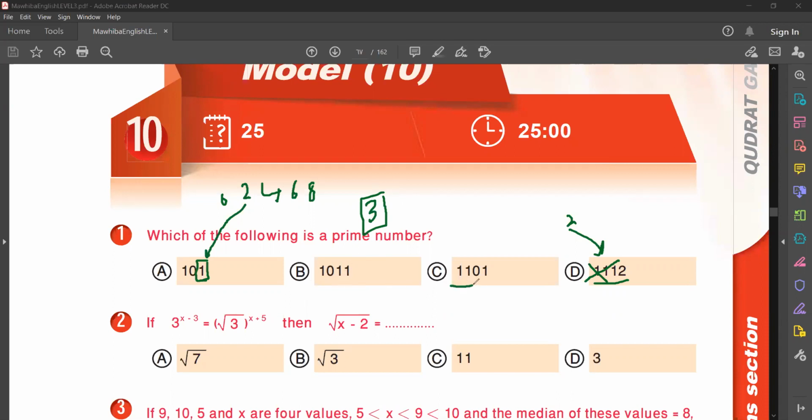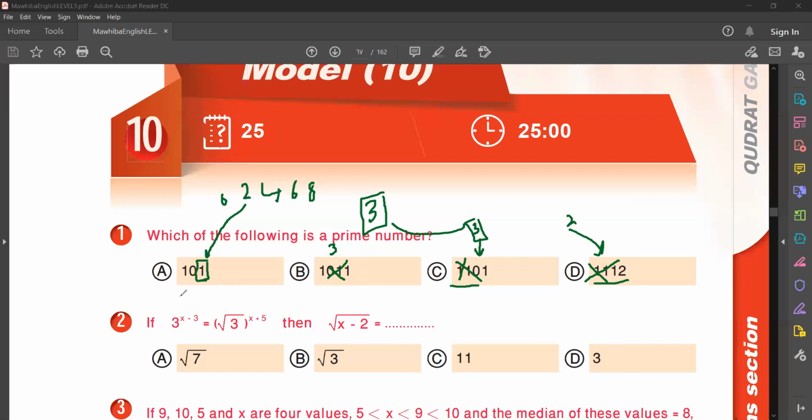So we check number C. When you add the digits, you get 3, and 3 is divisible by 3, so it is not a prime number. What about B? Also, you add the digits 1 plus 1 plus 1, and you get 3. So it is divisible by 3, right? So this is not correct.